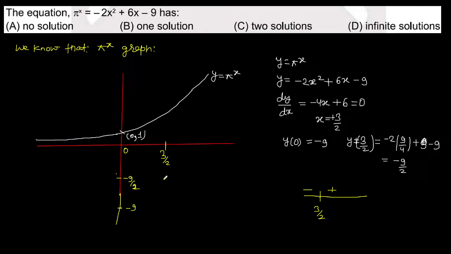So this is a quadratic, it is somewhere like this.